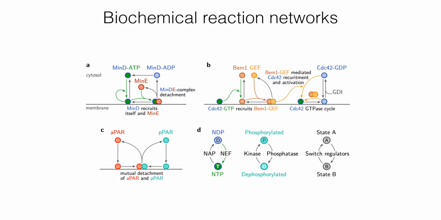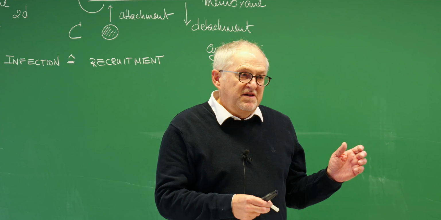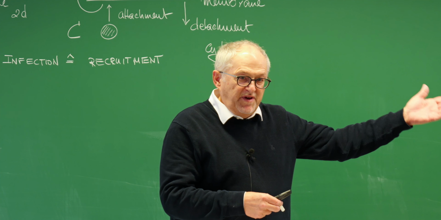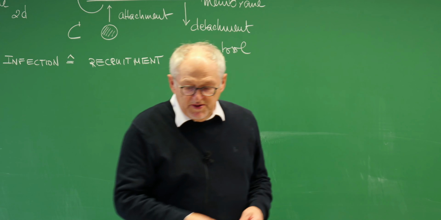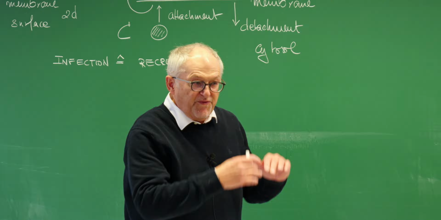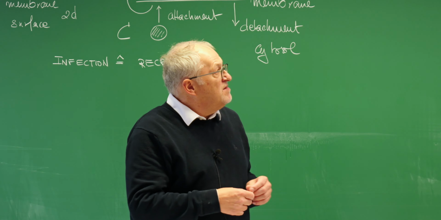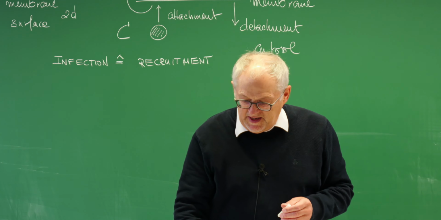There are proteins that are called GDIs, etc., etc. And it's the task of biochemistry to really figure out how these reaction networks work. And if you want to describe a biological system in detail, then you have to worry about these reaction schemes. What we'll do here in the lecture is to make things simple first, so you understand the basic principles before we would model something as complicated as this.